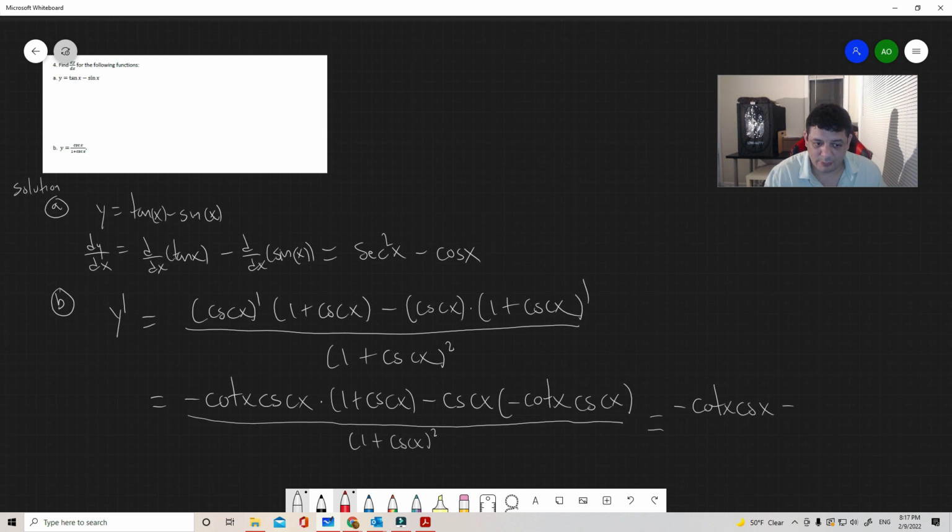So that's going to be minus cotangent of x cosecant squared of x. And now from this one here, minus and minus is a plus, and we're going to get plus cotangent of x cosecant squared of x. Okay, so we're actually getting the same thing, plus or minus, and so we get to cancel this part.